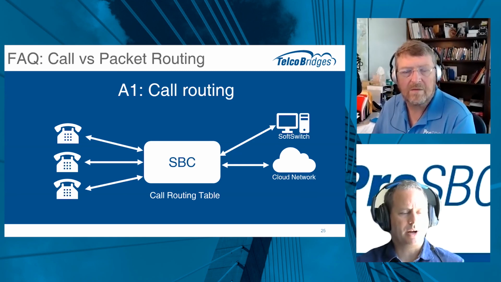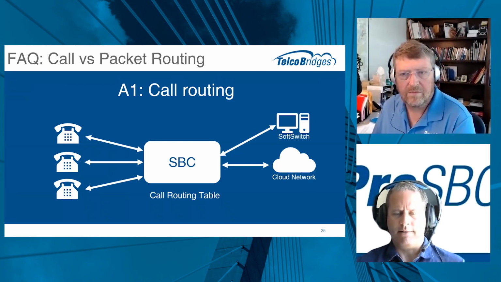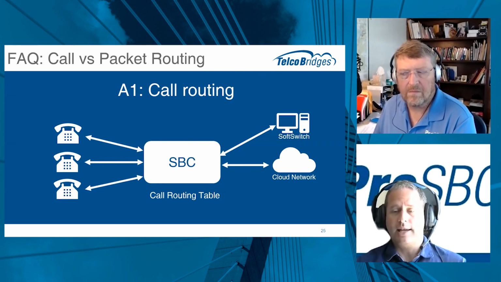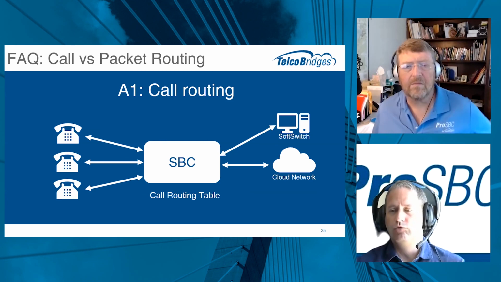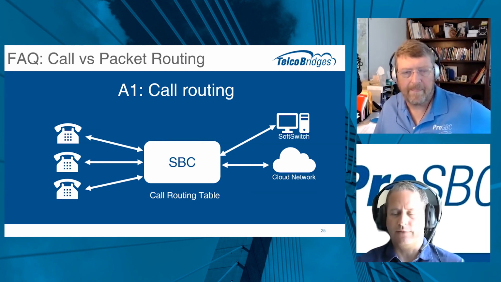Yeah. So call routing is when a phone call is received on an SBC, and then we use the call routing table to route the SIP invites to different networks. It could be a soft switch, or a cloud network like Twilio.